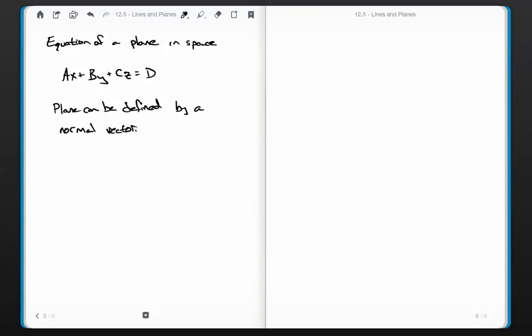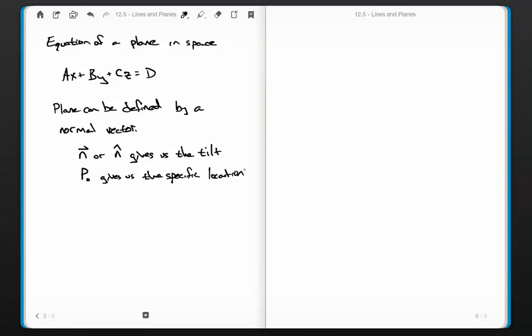Now the normal vector n, or if it's a unit vector, really just gives us the tilt, and then some point, p sub 0, gives us the specific location.